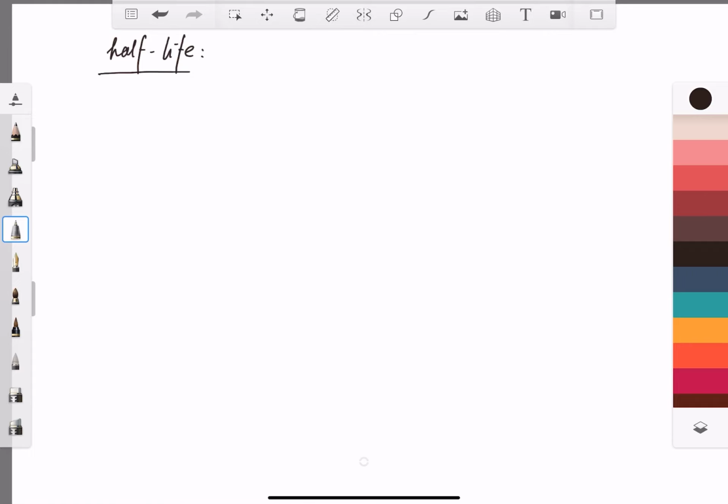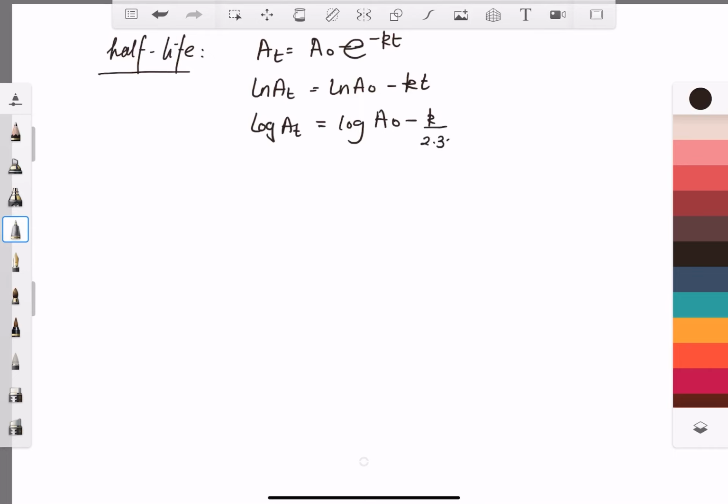So if we take any of the equations before, you can use any of them to have the half-life of the reaction.